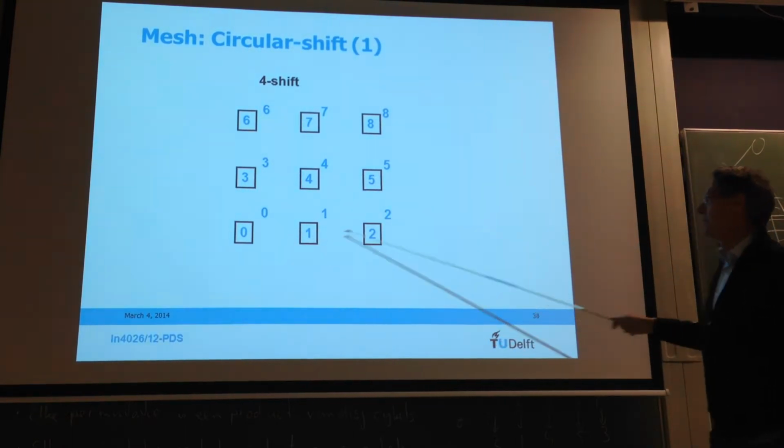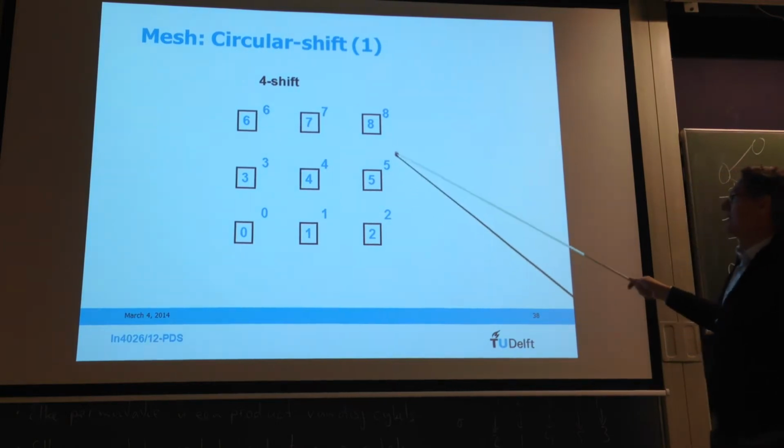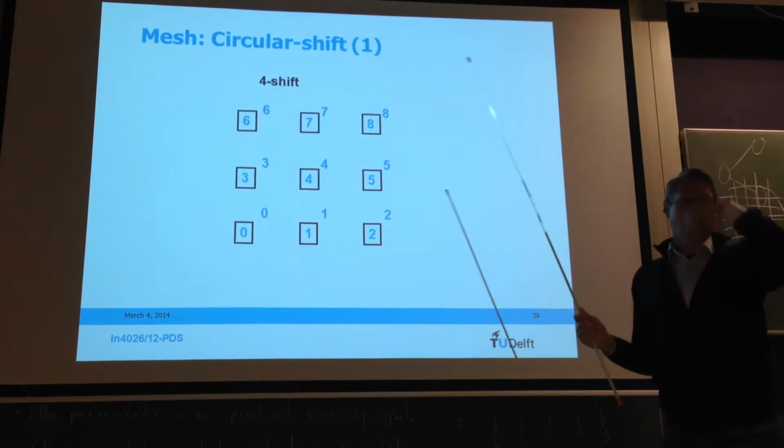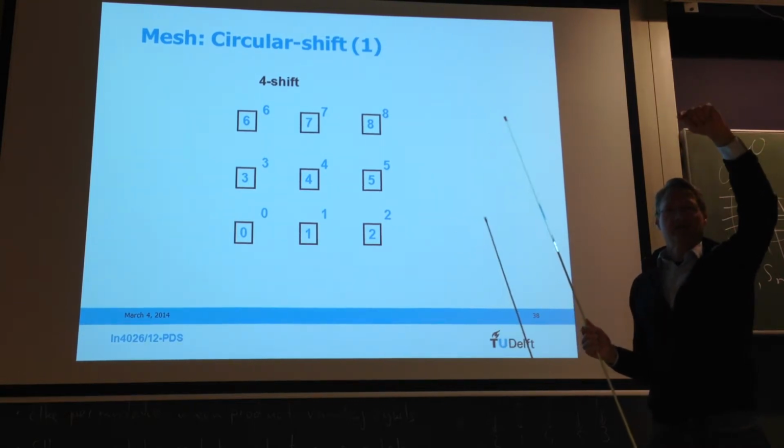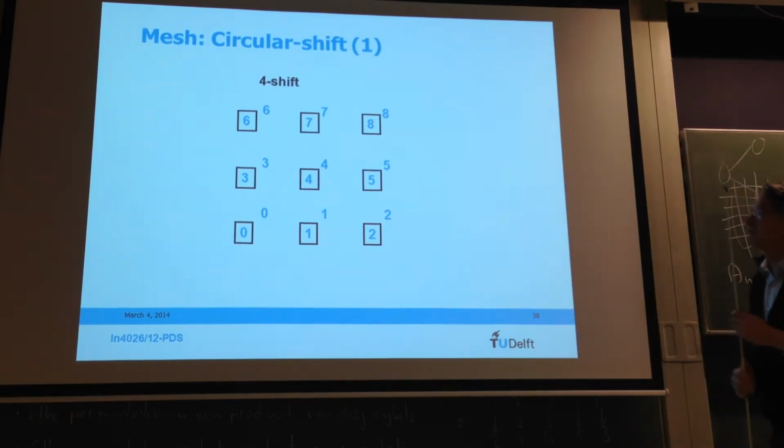Now, of course, we can make a kind of circle, ring or snake through the thing and then shift it to these positions, but that is not necessarily the most efficient one.